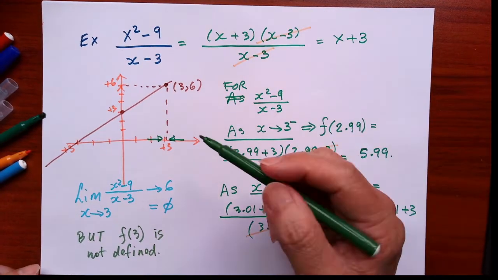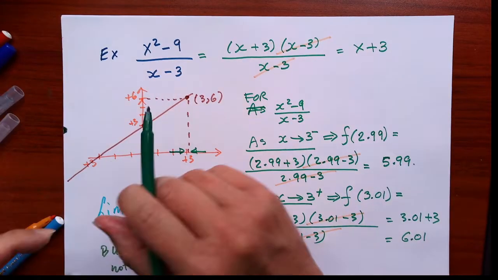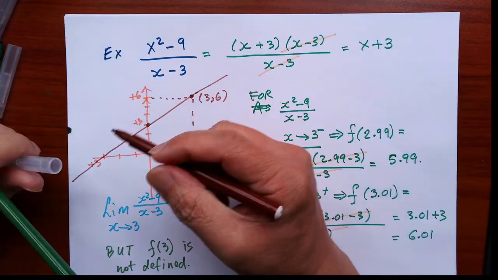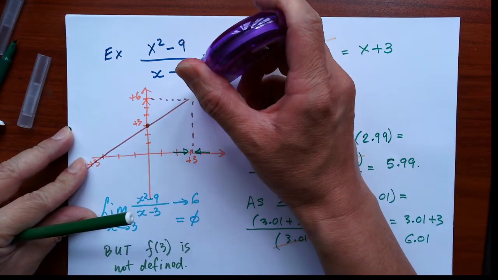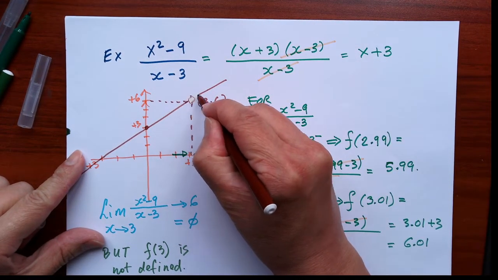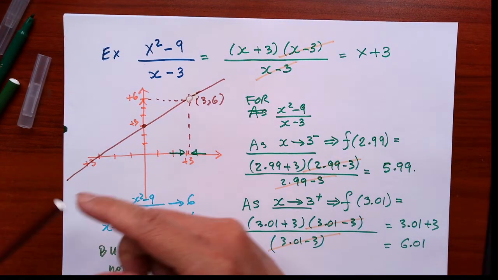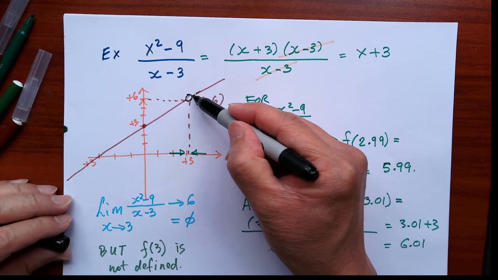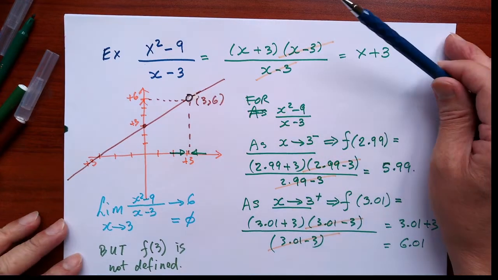So rightly speaking, at the point (3, 6) there is a hole, and I should be writing a circle around it. So it should look like this. A circle. I'll put it in black so it's a bit more visible. So it approaches but does not touch the point (3, 6).